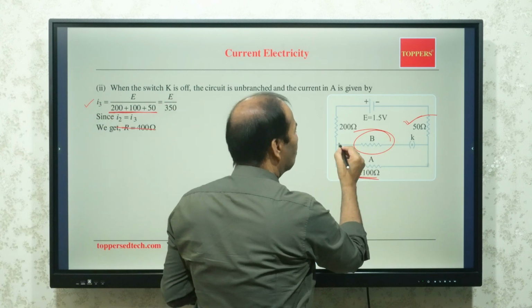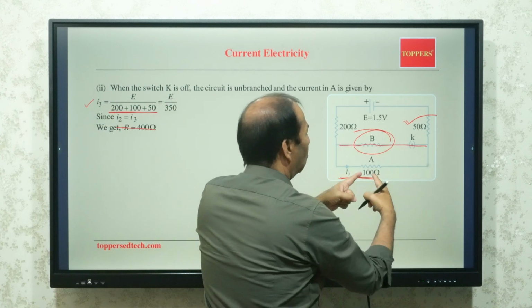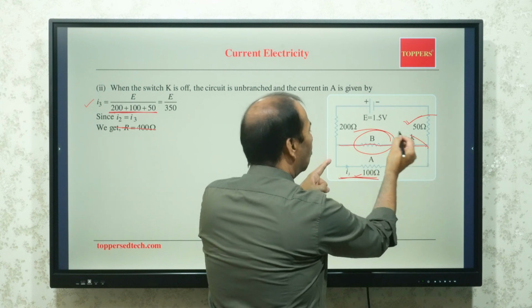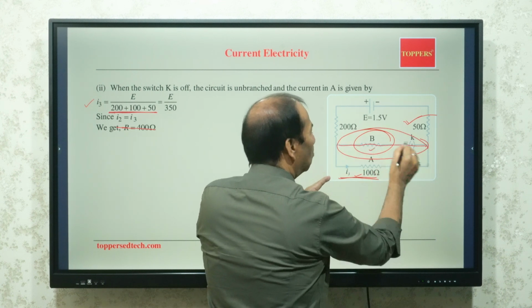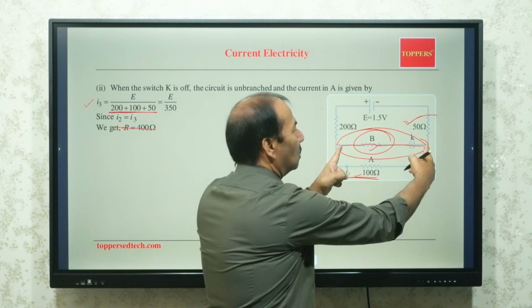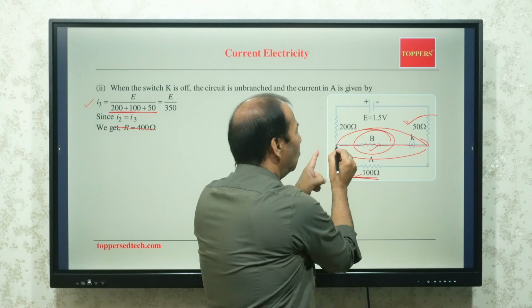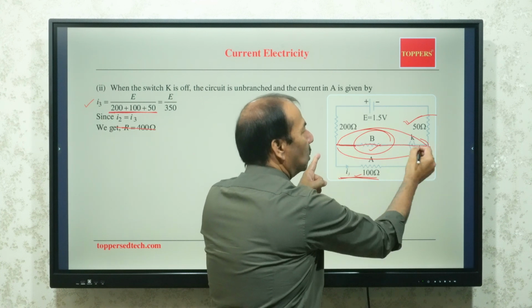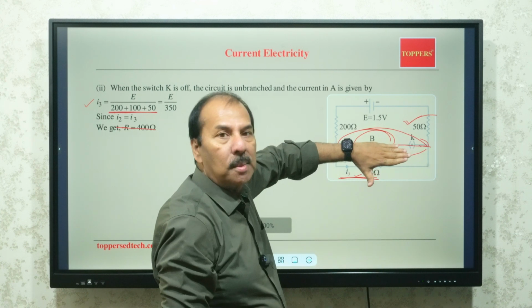Don't get confused; once B is disconnected, there is no meaning of this part, so there is no distribution of current on this side. It becomes insignificant.